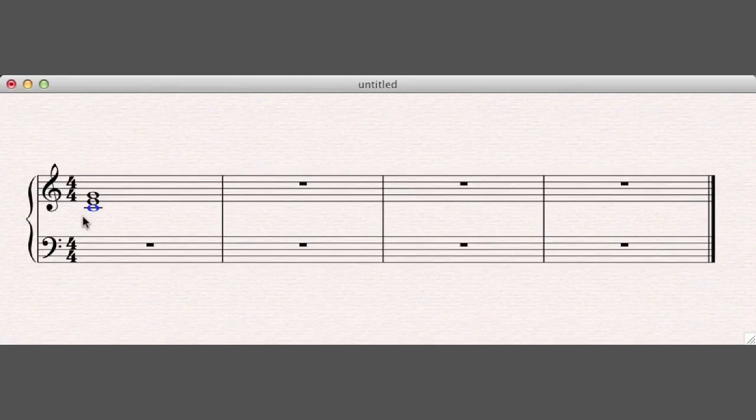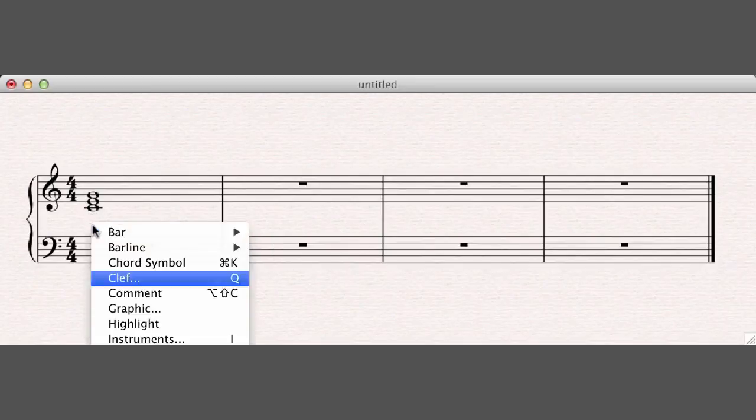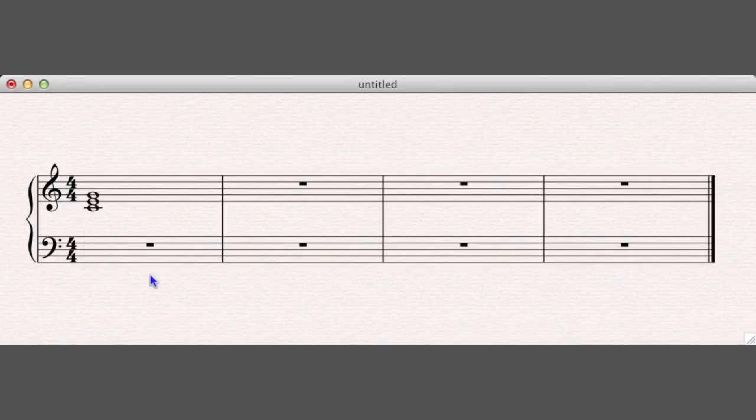Now, here's a triad, and this is a root position triad. If we were in the key of C, we would label it 1. Let me do that now. Okay, so I'd label this 1.